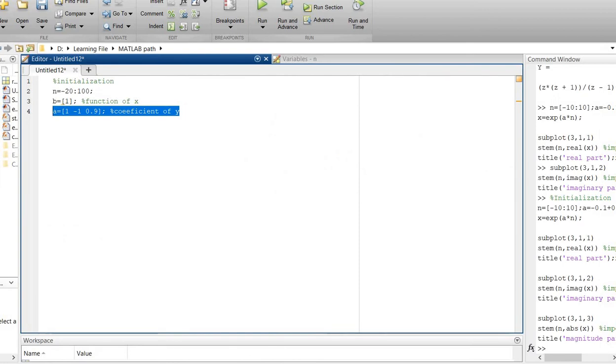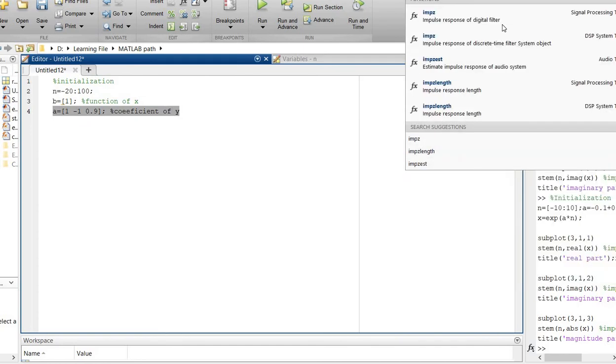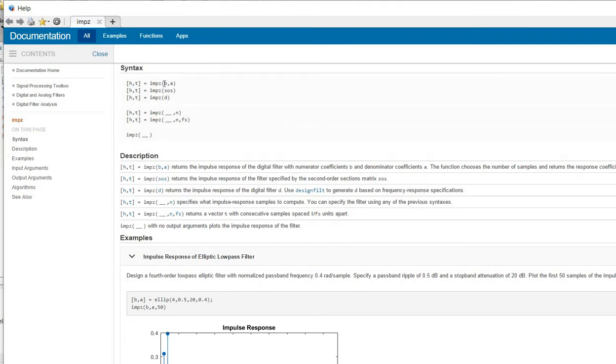Okay, so let's follow the standard, because we're also going to use it in impz, so we're also going to use this one, b and a, where b and a are the coefficients from the numerator and denominator.